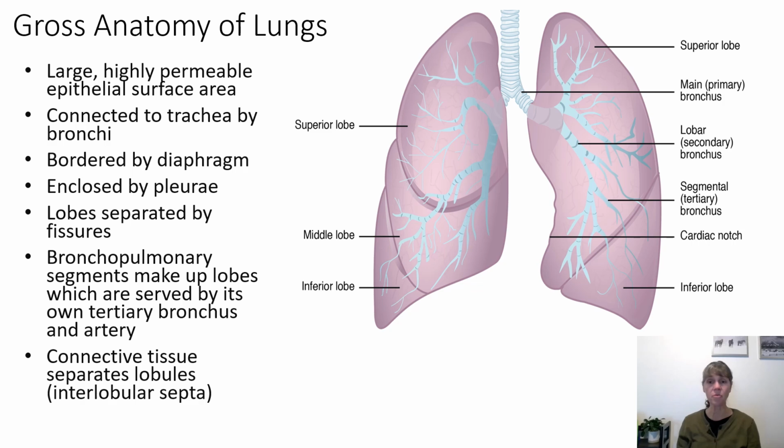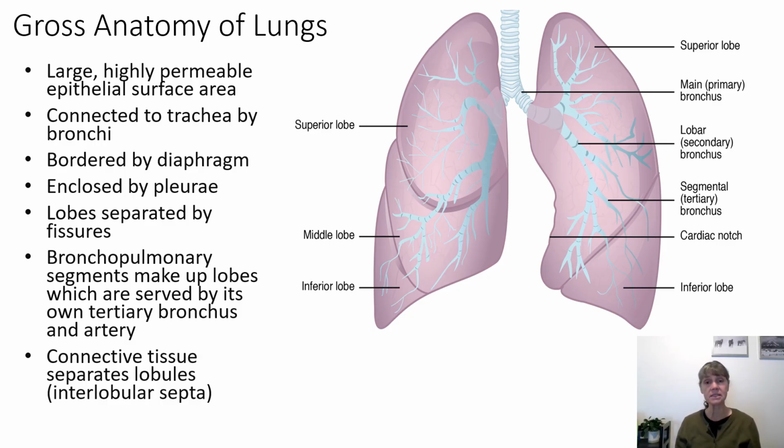The lungs are bordered inferiorly by the diaphragm, which you can't see on this picture, and they are enclosed by serous membranes, collectively known as pleurae. Remember that the serous membrane on the surface of the lung is the visceral pleura, and the membrane that folds back on itself to line the wall of the pleural cavity is the parietal pleura.